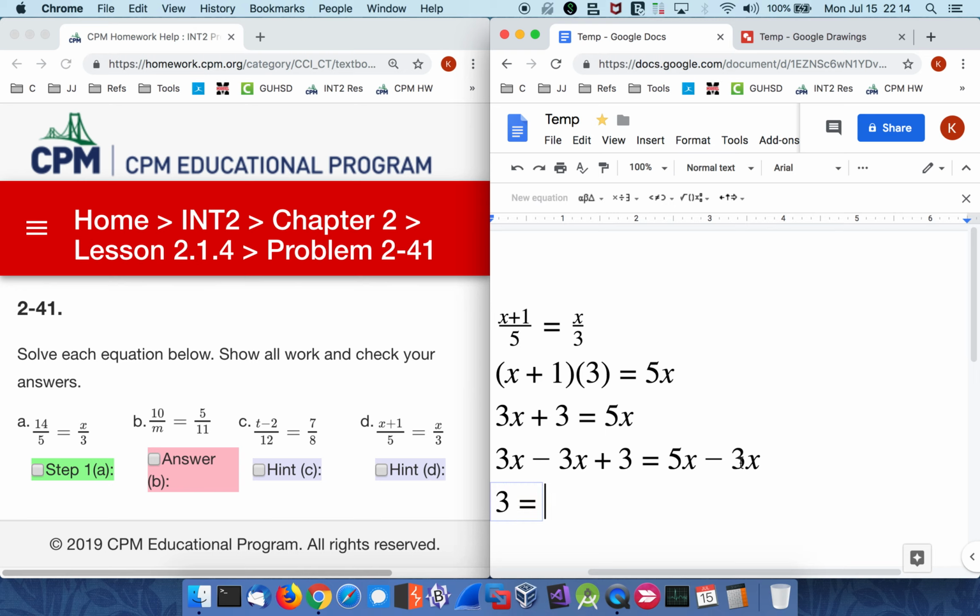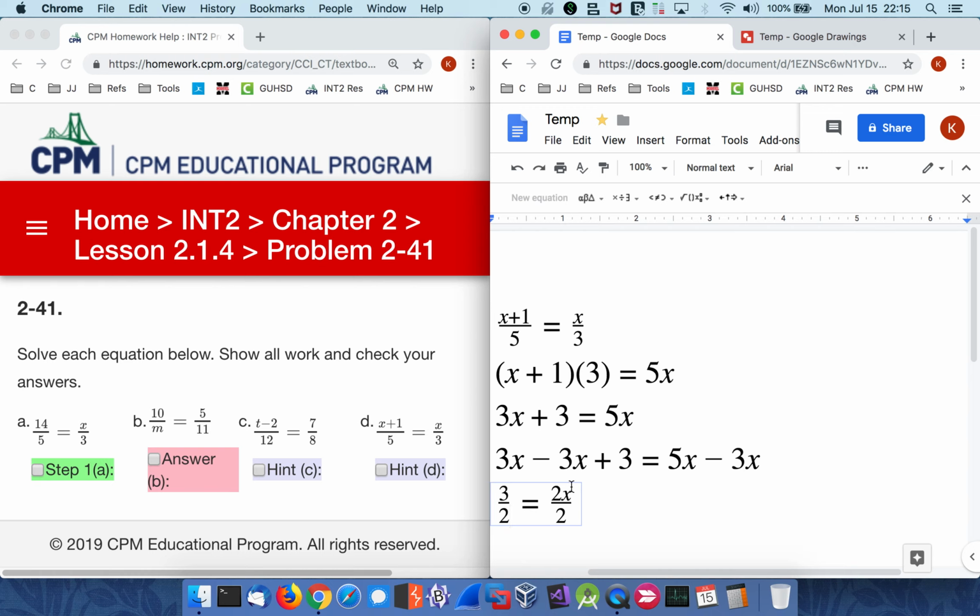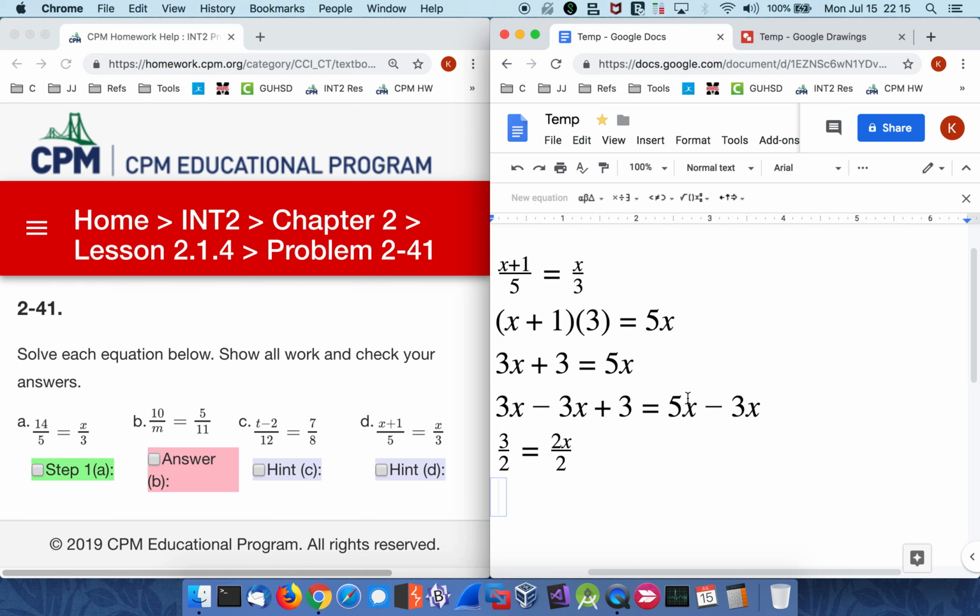And on this side, 5x minus 3x is 2x. Now I can take this and divide it by 2, and take this guy and divide him by 2. These 2's cancel out, and so we just get 3/2 equals x.